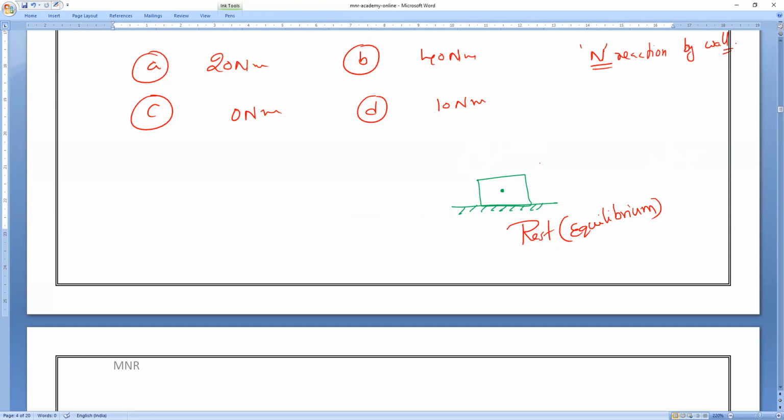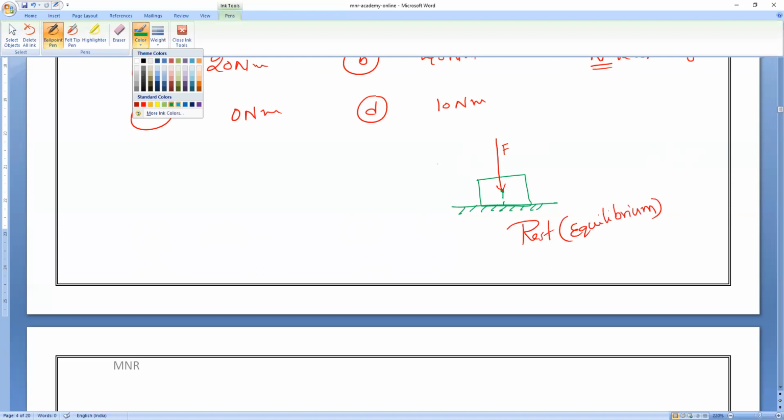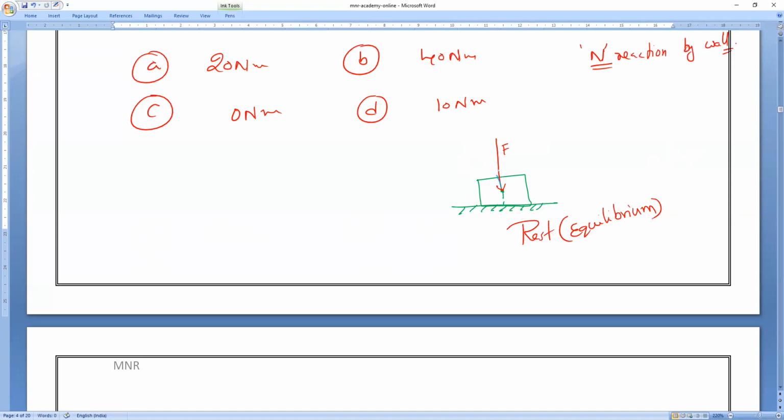Now observe, if it is in equilibrium, check it, everyone. What is the torque about the COM? About the COM, the force is exerting like this. They are asking the torque about the COM produced by the normal reaction. The force is exerting downward, so opposite to that something is exerting along the same path: the reaction. Force is downward, so the reaction is in which direction? Upward.